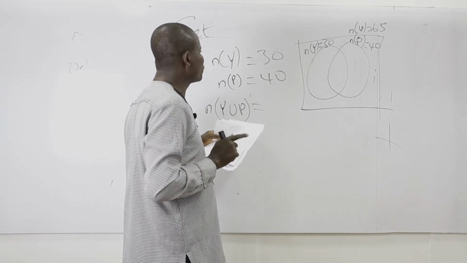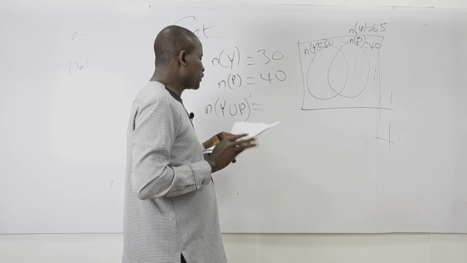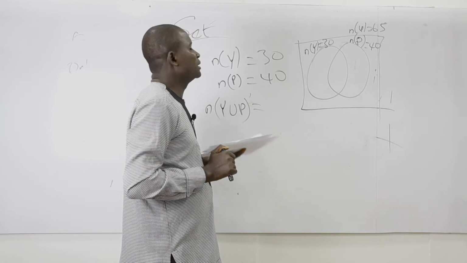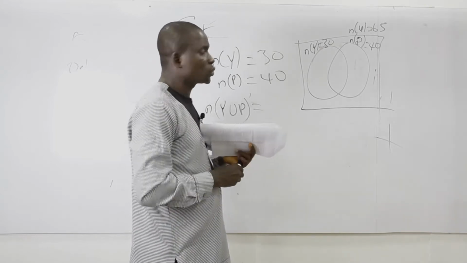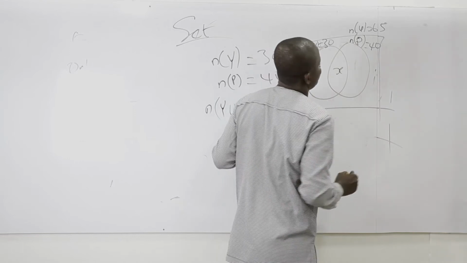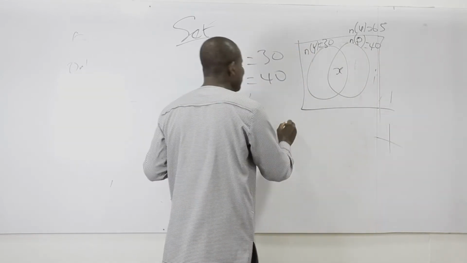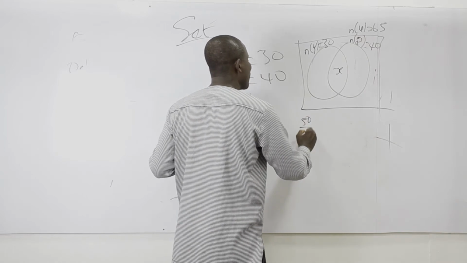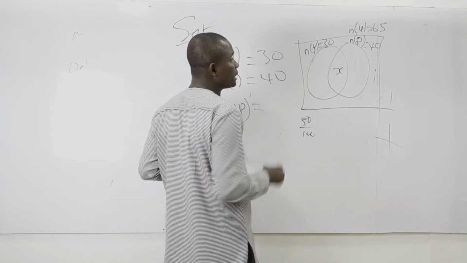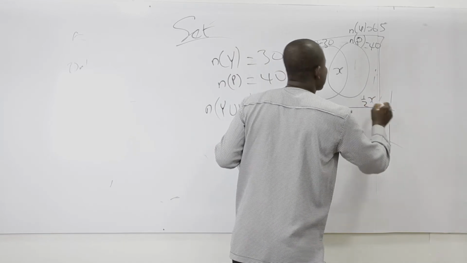Now, he says the number of traders who sold none of them was 50% of those who sold both. So if here is both and here is your x, then here becomes 50%. You know 50% is 50 over 100, which is the same as half. It's half of x, so here we have 1 over 2x.